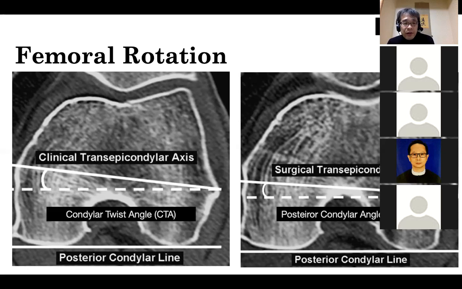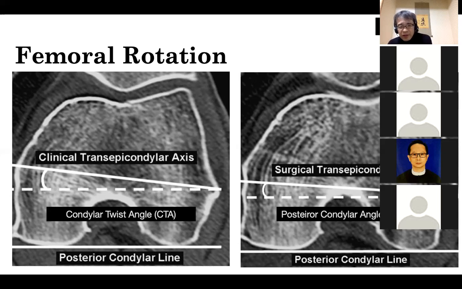So the angle between the posterior condylar axis and the clinical transepicondylar axis we call the condylar twist angle, and the angle between the PCA and the surgical transepicondylar axis we call the posterior condylar angle. But we frequently use this angle as the condylar twist angle. Or maybe this is quite similar, so we don't need to distinguish the two lines.